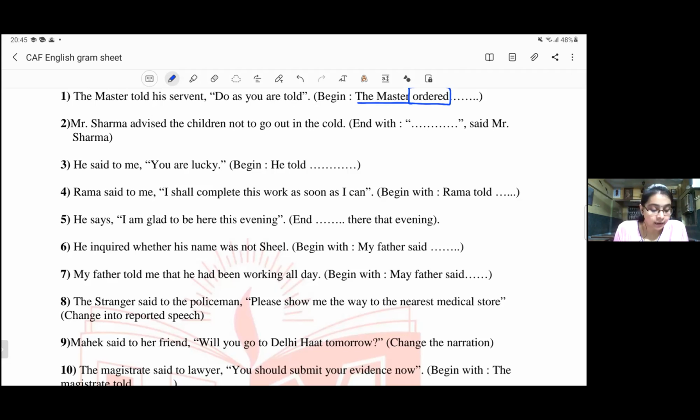My father said, is his name not Shield? Question mark.